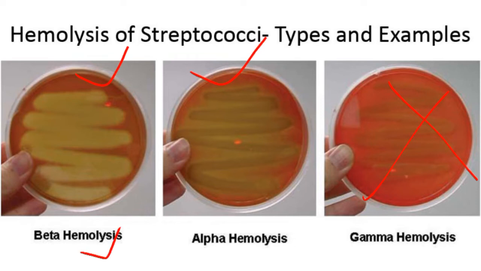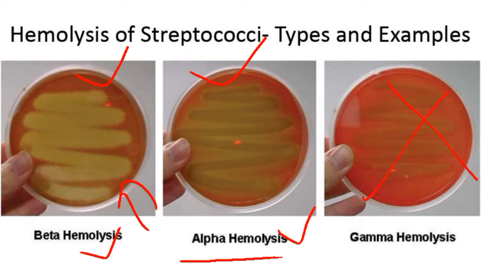We know beta hemolysis is due to hemolysins, and we also know that blood agar contains blood. Remember, it's blood agar and it contains blood, so it's hemolysis of blood or RBCs, okay? And alpha hemolysis is the incomplete hemolysis of this blood or RBCs. But why incomplete?